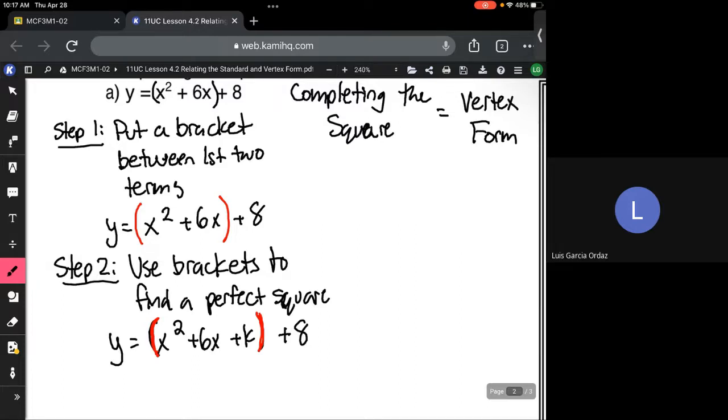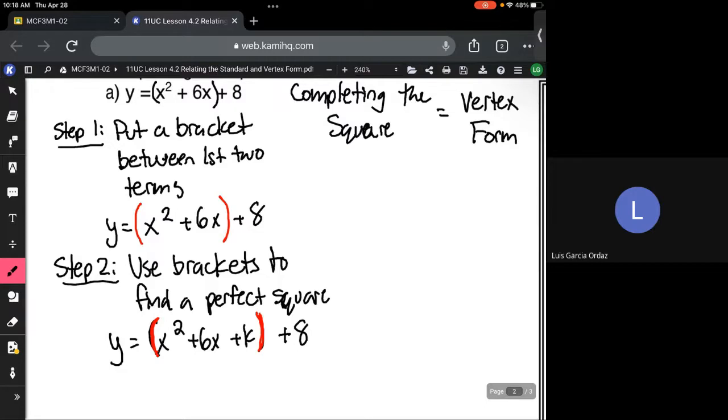How do we find the perfect square? Remember what we did at the beginning where we had to find k? We're doing the same thing. So we write x squared plus 6x plus k, because we want to find a perfect square with 6x.